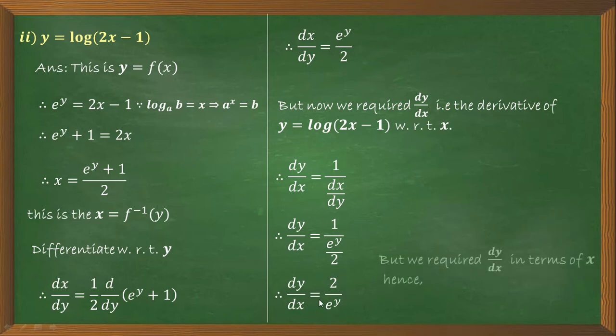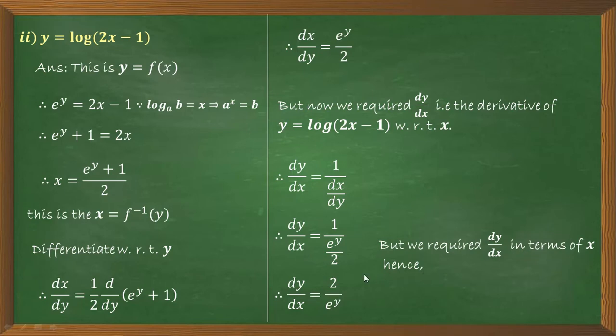We require it in terms of x. So by using some previous steps, you replace e raised to y. See here, e raised to y is 2x minus 1. So you can convert it into terms of x. The final answer will be dy by dx is equal to 2 upon 2x minus 1.